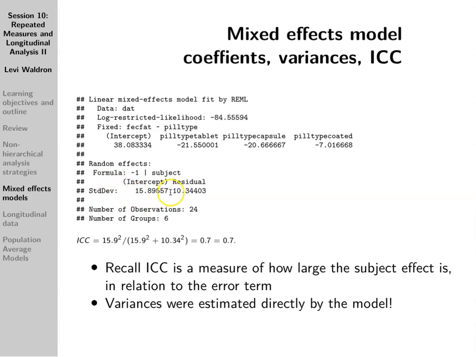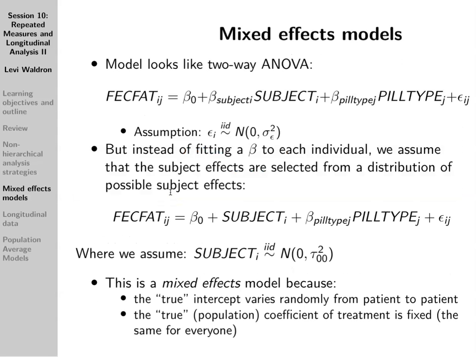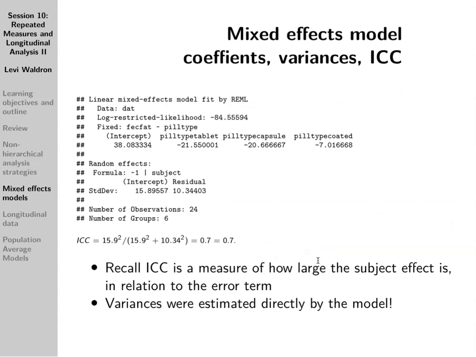So you recall that a couple of slides ago, we were modeling the subject effect as normally distributed with mean 0 and a fixed variance tau 00 squared. This tau 00 is what is estimated here.